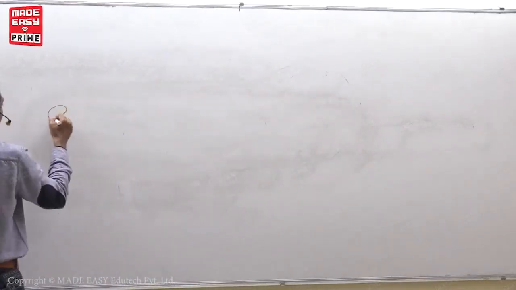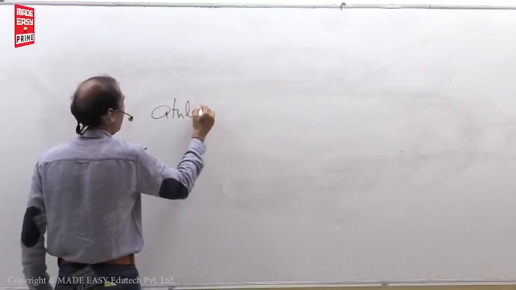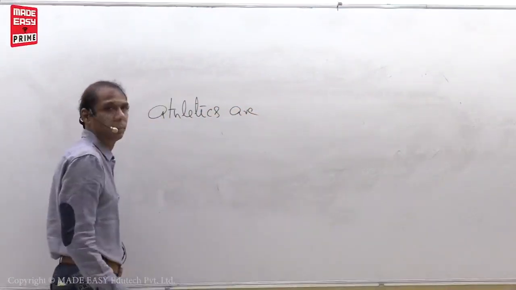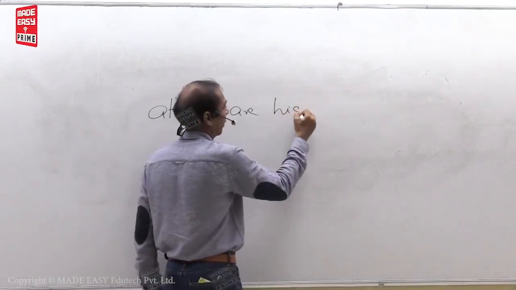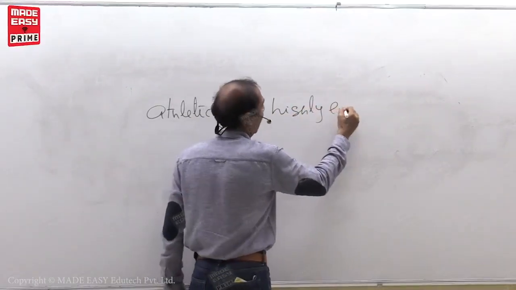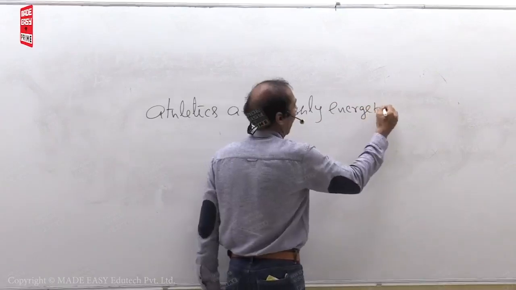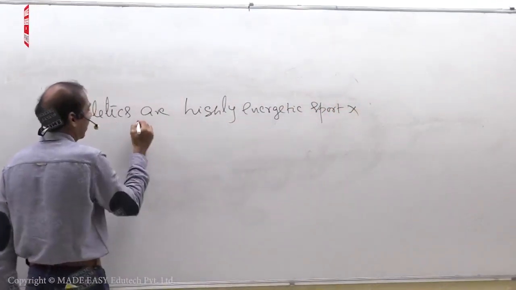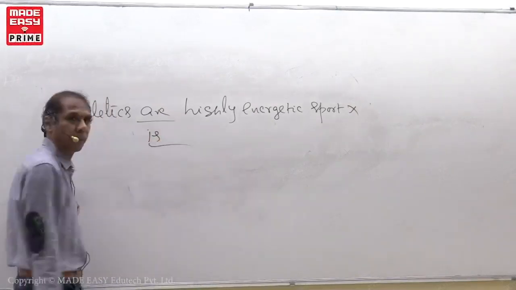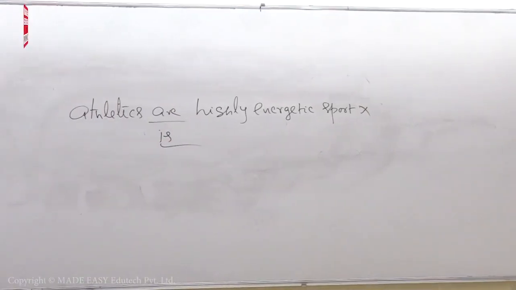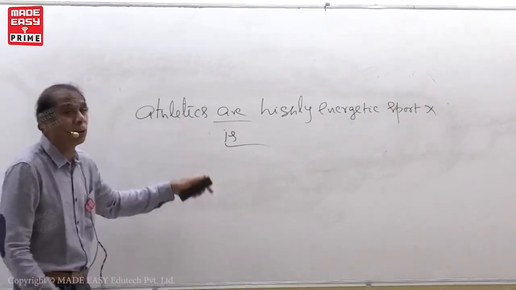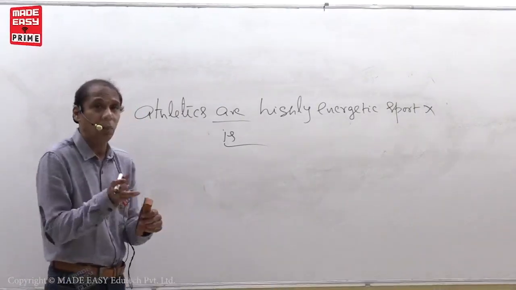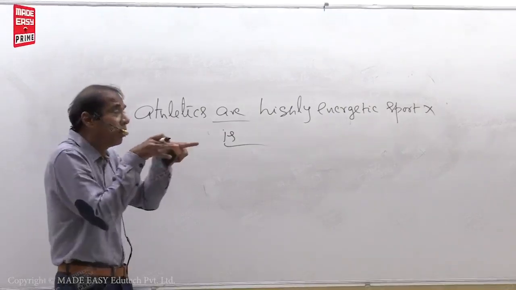See, athletics are highly energetic sport. Right? Wrong. Not athletics are, athletics is. But we have to say athletes are. What is the difference between athletics and athletes? Athletes means those who participate in athletics.